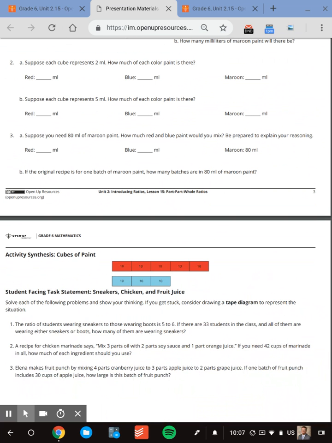You can see here the tape diagram for the third problem, where we are getting 80 milliliters of maroon paint. The original ratio was 5 milliliters of red to 3 milliliters of blue, but now each one represents 10, which gives us our 80. The directions for that in the activity synthesis are great.